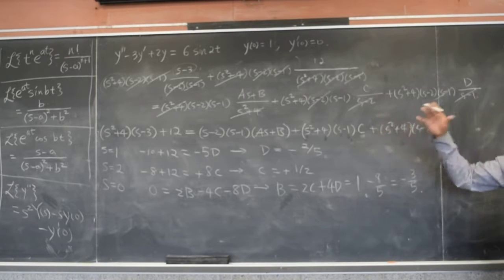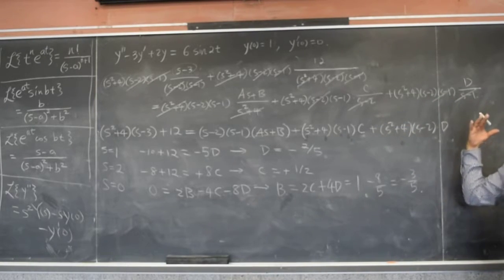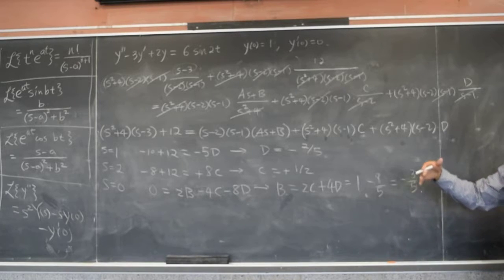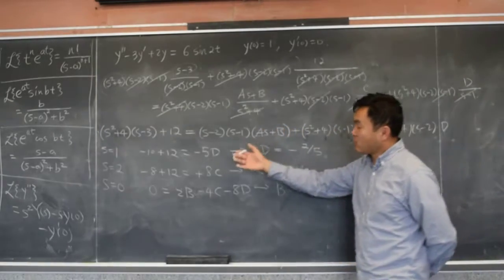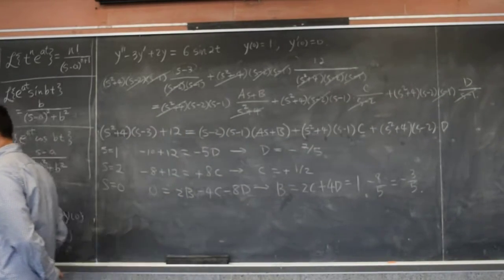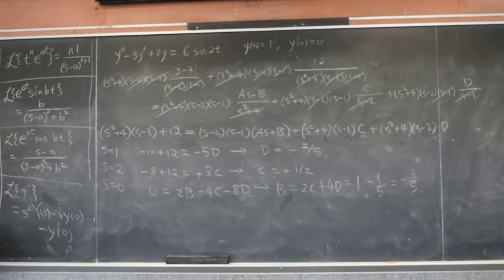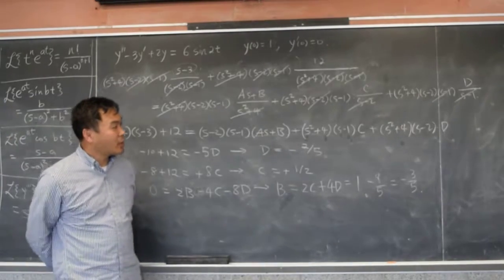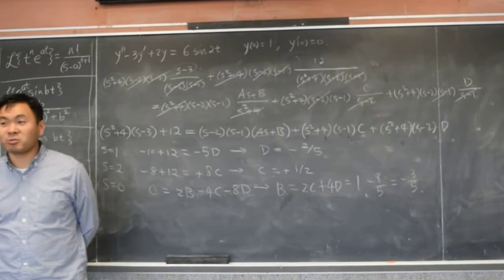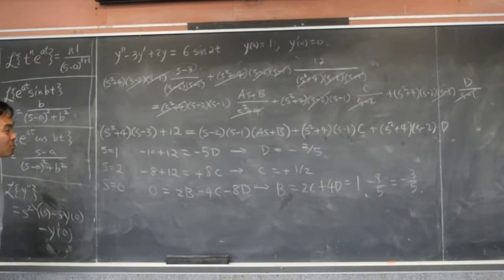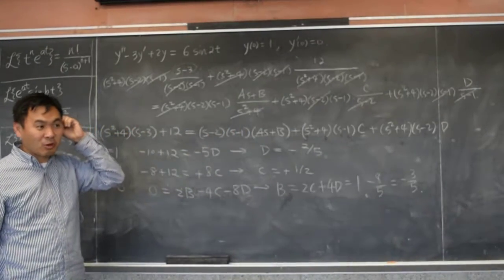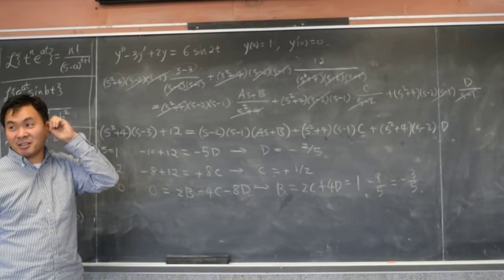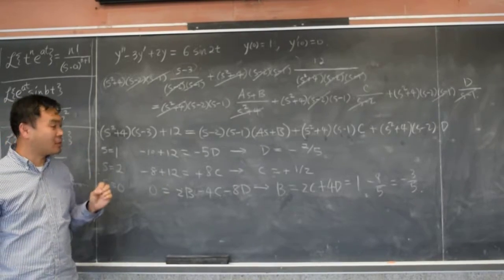For two cubic functions to be exactly the same for all values of s, their coefficients must be the same. So we can expand this entire thing, and then compare the coefficients, and then conclude something. However, again, we want to be a little more lazy. We don't want to do the full expansion because that's going to take a long time. So we're only going to pretend that we did it, but we're only going to look at the highest order.